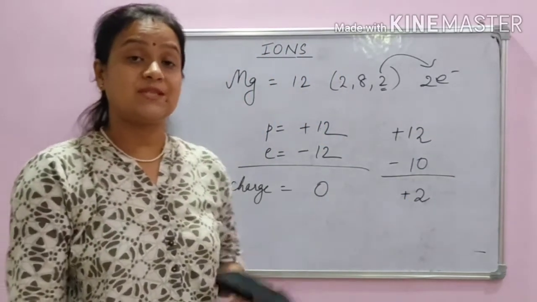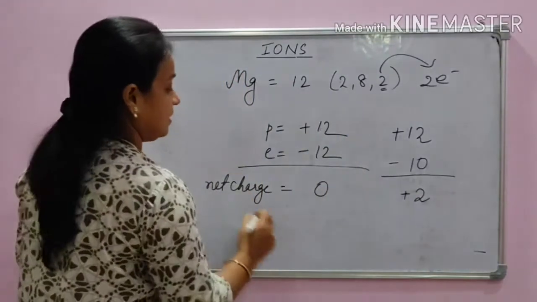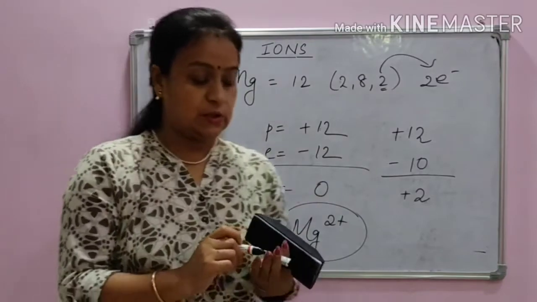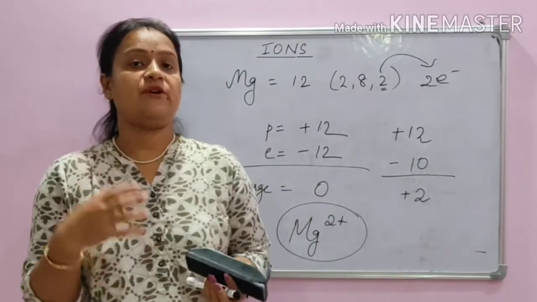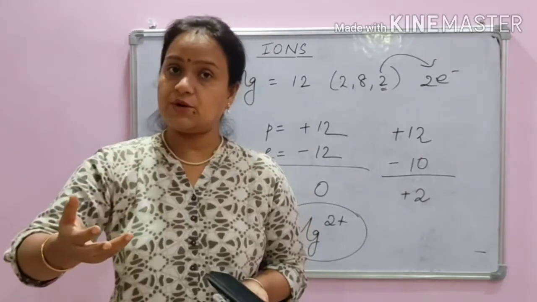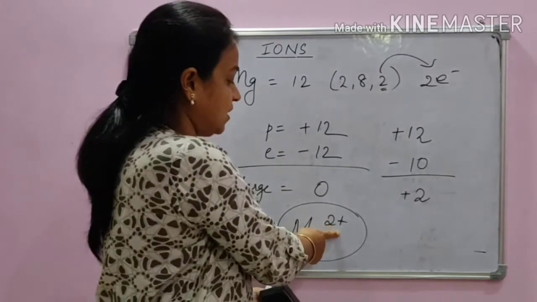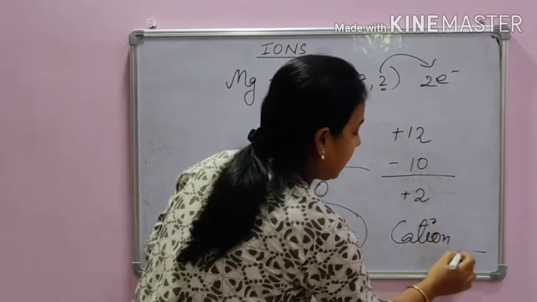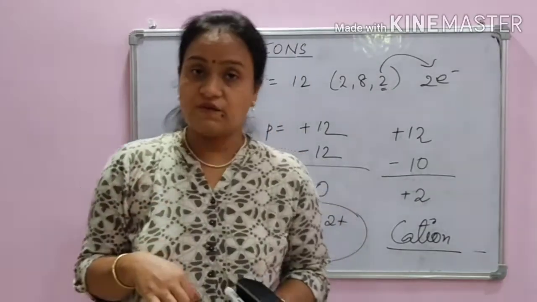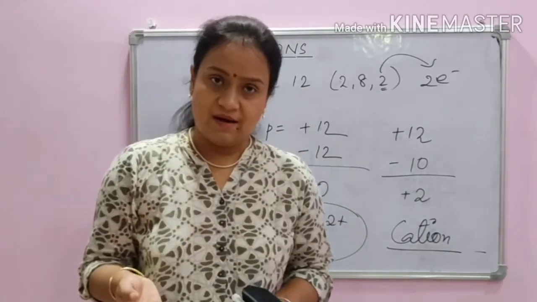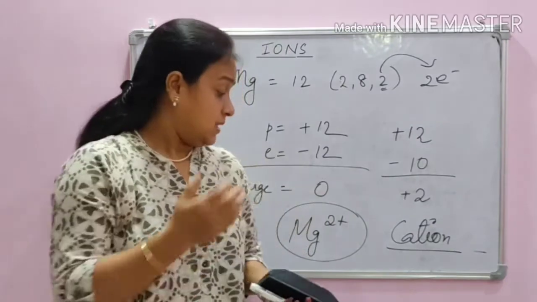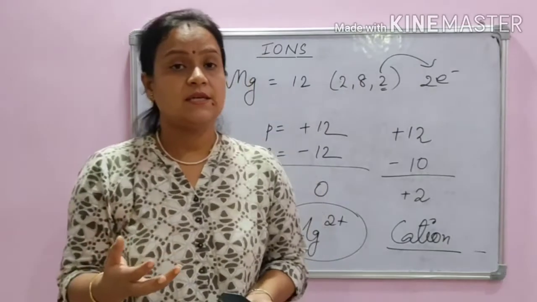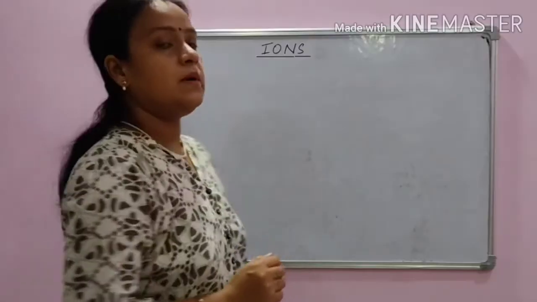Magnesium becomes a positively charged ion, a cation, and the symbol will be Mg 2 positive. So you can remember that whenever any atom loses electrons, it attains a positive charge and becomes a cation, and when any element gains electrons, it attains a negative charge and becomes an anion. And also this charge is shown along with the number of electrons that it is losing or gaining.